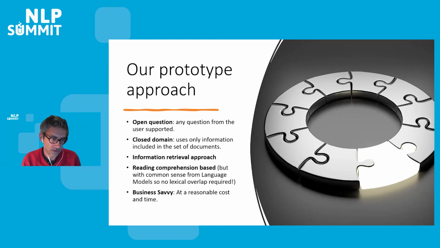We used an approach based on information retrieval, so we need the answer to be explicitly expressed in a document or a piece of the document, and, as we have seen before, it is reading comprehension based. But we will leverage language models, so even if the answer is not expressed with exactly the same words, we will be able to capture it by synonymy and capturing the semantic meaning through the use of these language models.